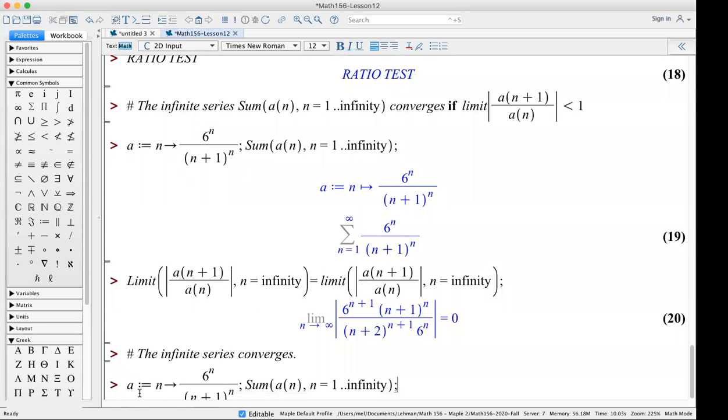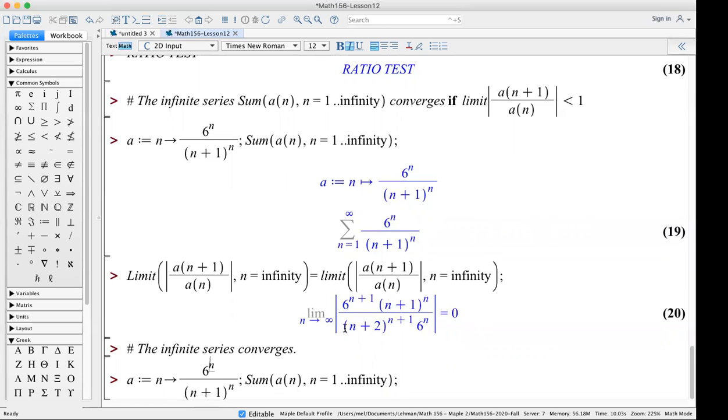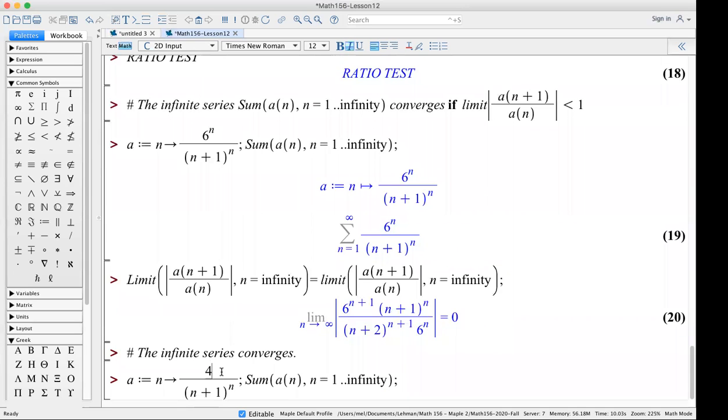Okay. Let's look at another example. Suppose we take a_n to be 4 to the n divided by n squared.